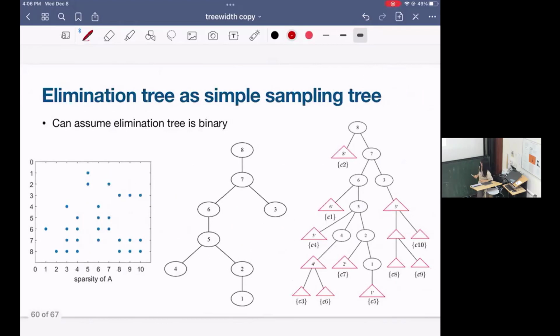So we need to define the sampling tree in a clever way so that the updates we do are restricted to only paths from some leaf to the root, or in some subtrees. I'm out of time, but basically we define the sampling tree based on the elimination tree.